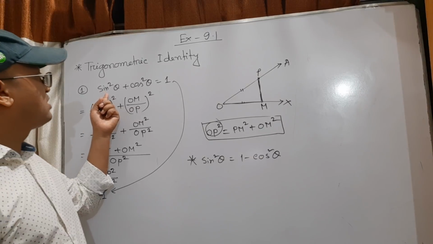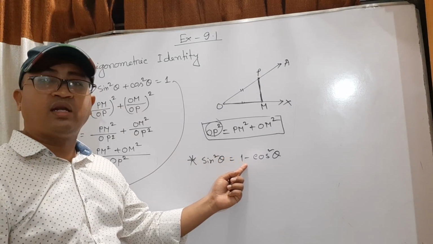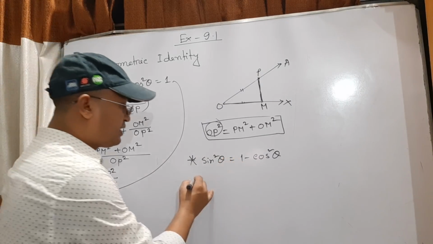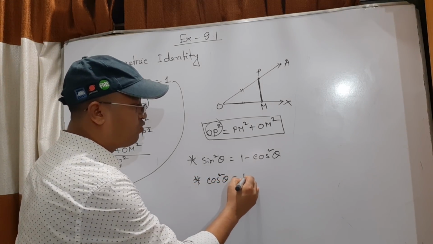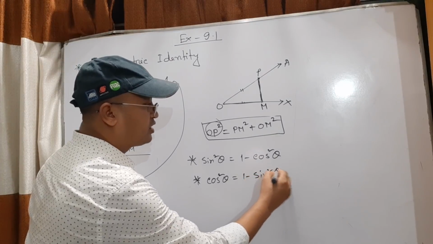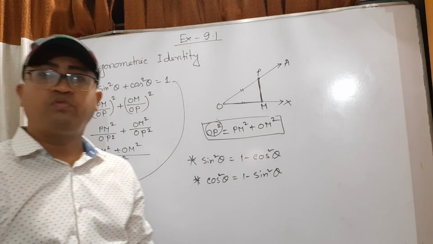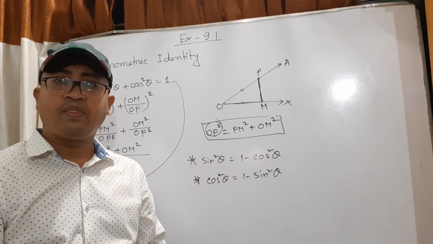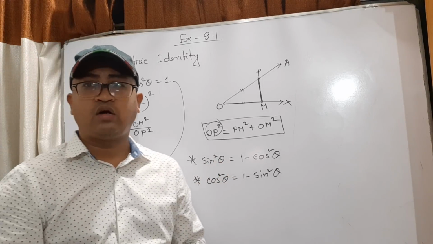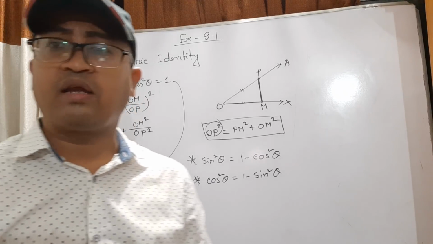So sin square theta equals 1 minus cos square theta. Similarly, we can write cos square theta equals 1 minus sin square theta. So from identity 1, we get these two as corollaries.